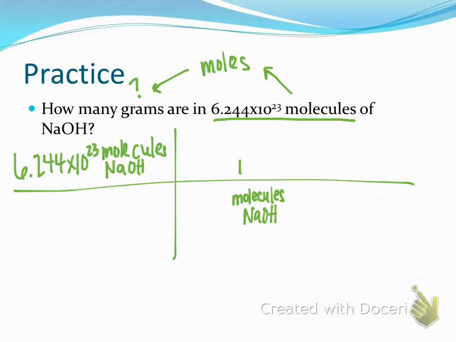So we want to go molecules to moles. From there, what needs to be the next step in my T-chart? Grams goes where? Good. Grams here. We want to get rid of moles, so it goes here. Very good.